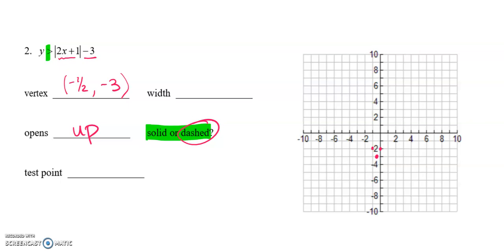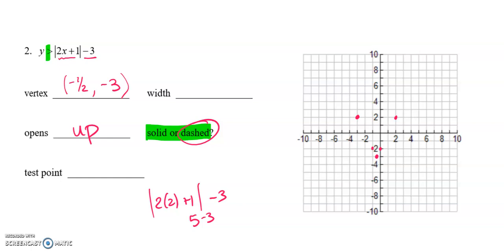Let's plug in 2. So we'll have 2 times 2 plus 1, absolute value of that, minus 3. That's 5, minus 3 is 2. So 2 is here at 2. So then that makes negative 3 also at 2. Can we see the V forming? We should be able to.